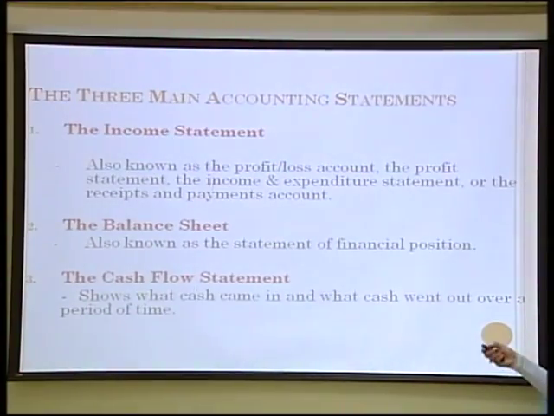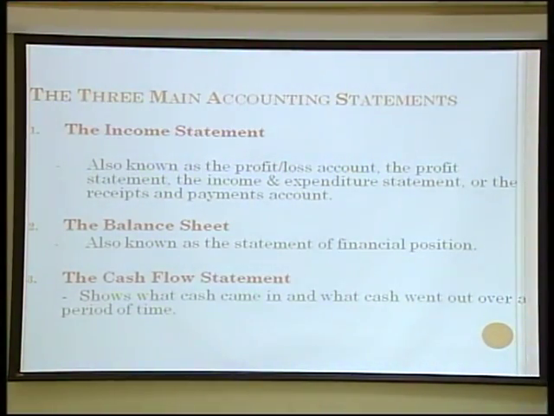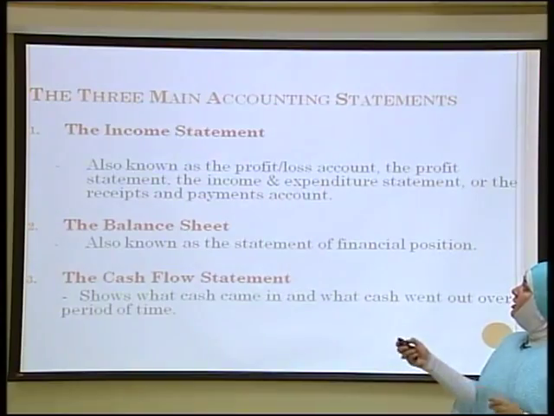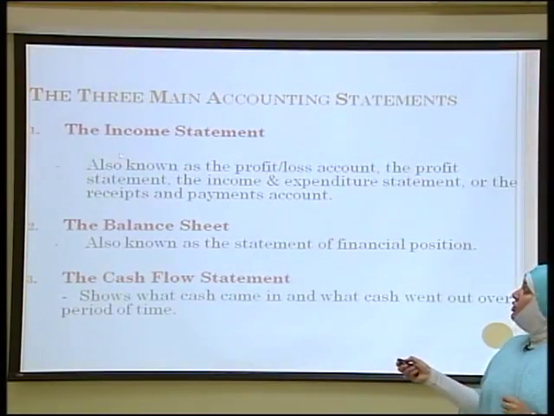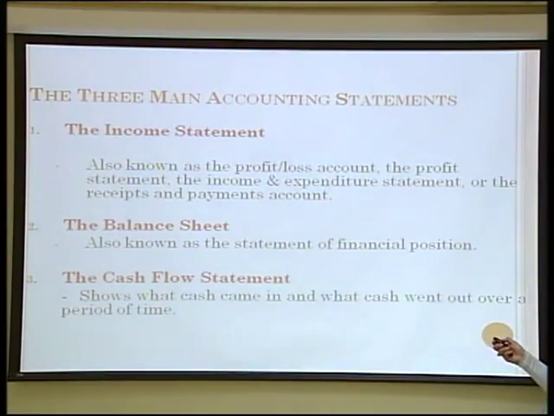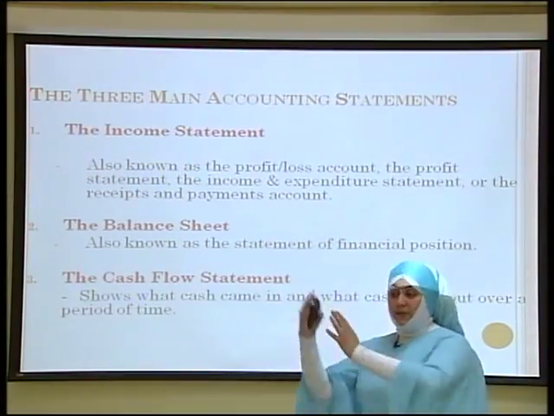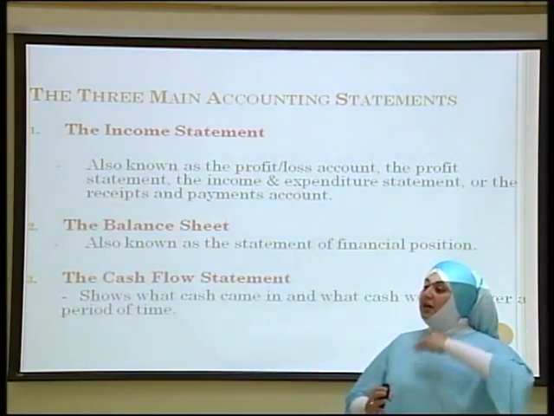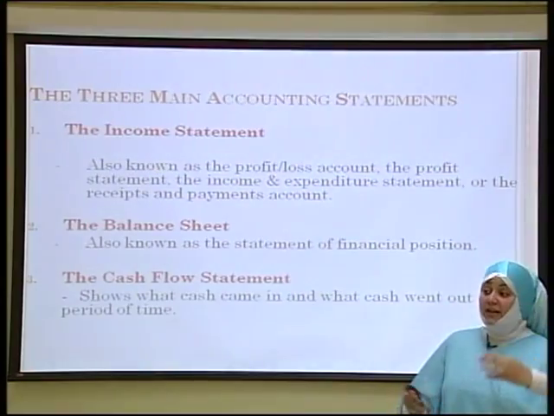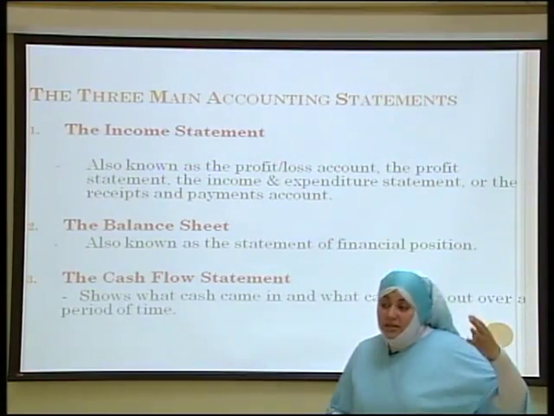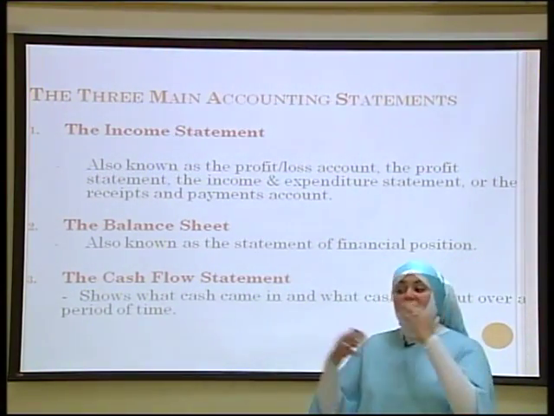So these are the 3 accounting statements that we have in accounting. The income statement is also known as the profit and loss account. Why? Because this statement shows you the revenues or the income, shows you the expenses, and if the revenues are greater than expenses, then the company is achieving profits, and vice versa.